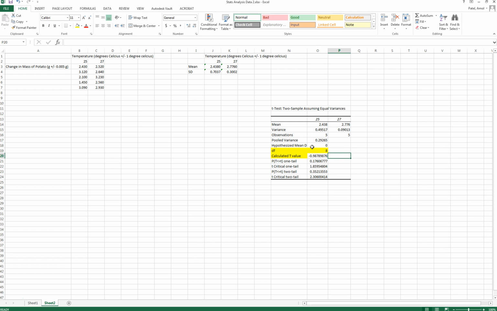So all I'm going to do is turn this into the positive number. So 0.987, right? This is a nice long number. I don't want all these decimal places here, so I'm going to format that. So I've got my 4 decimal places.